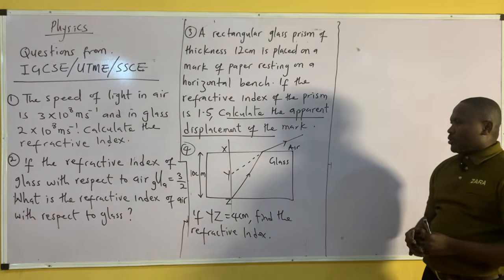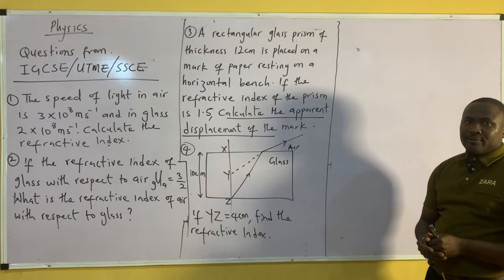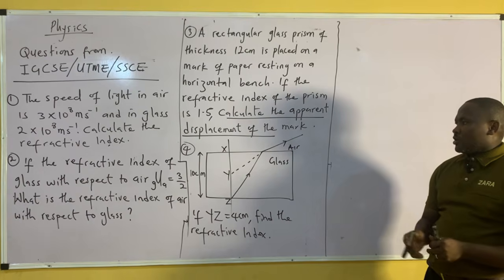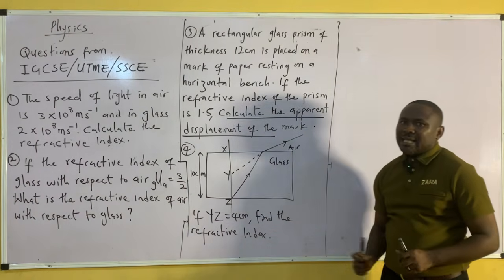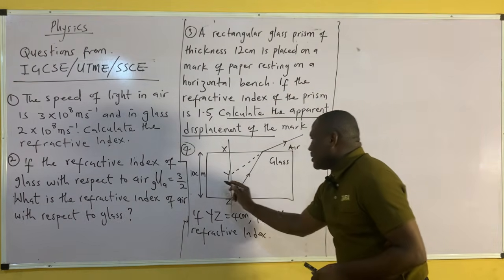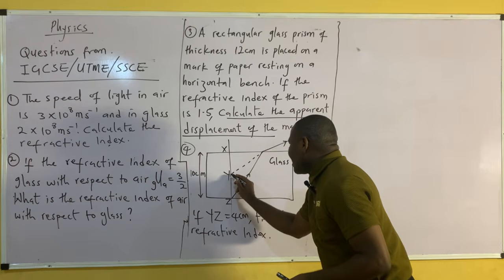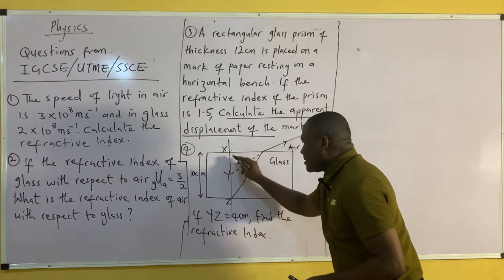What's question number 4? We have a diagram that some certain parts were labeled and we are asked to find the refractive index. Now you see from the top to the bottom is 10 centimeter. That's the real depth. Now the apparent depth, look at this point here. This point to this point is the apparent depth.